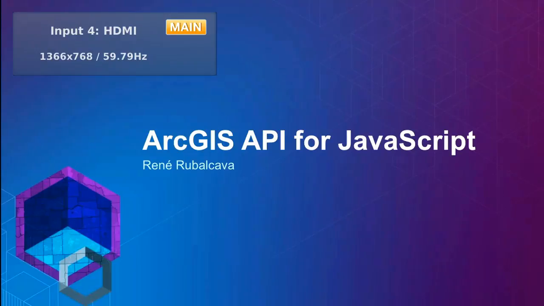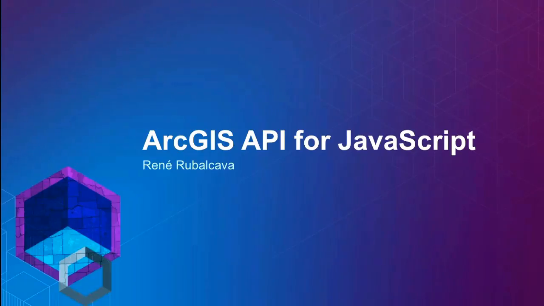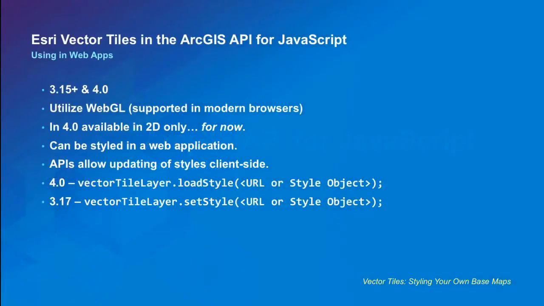All right, thank you. So I'm going to talk more about how you can work with the vector tile maps inside your applications and do some stuff with them at runtime in terms of styling. So the vector tiles were introduced into the API back in 3.15 plus. So they're in 3.15, 3.16, and most recently in 3.17.